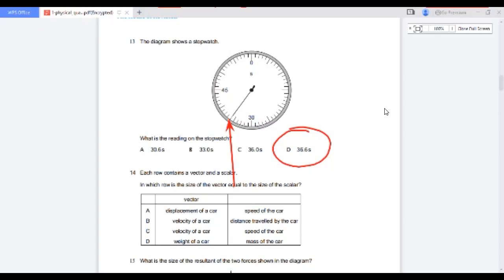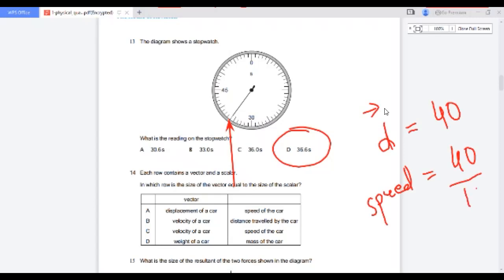Suppose the displacement of the car is 40 meters, and speed is actually distance over time. Suppose 40 is the distance and time is 10 seconds, so speed would be 4.